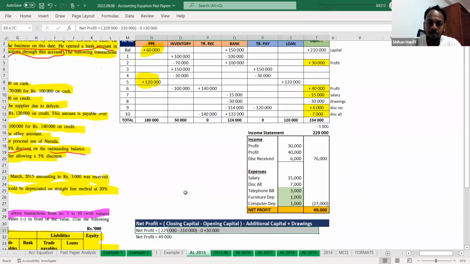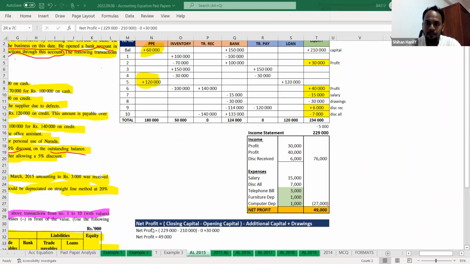Remember, our purpose is not doing the answer, understanding the concept. You won't get the same question, but if you understand how you calculate these things, how you get the net profit, then you can answer any other type of questions. That is why I am trying to give different methods to write the answer. They have not asked for equation.